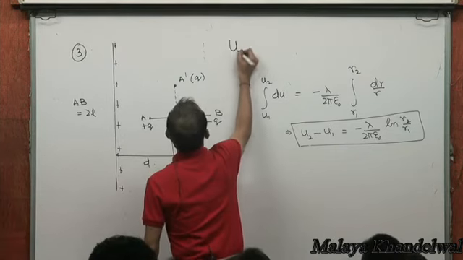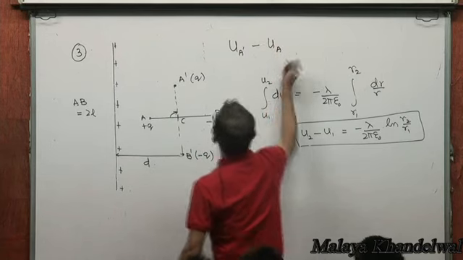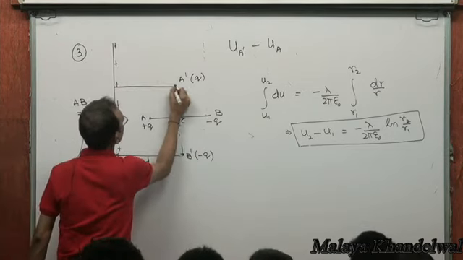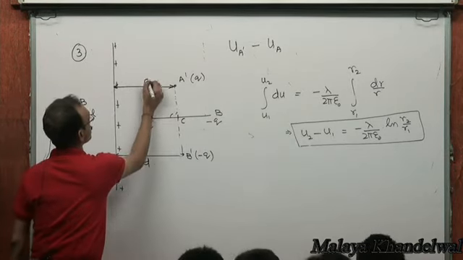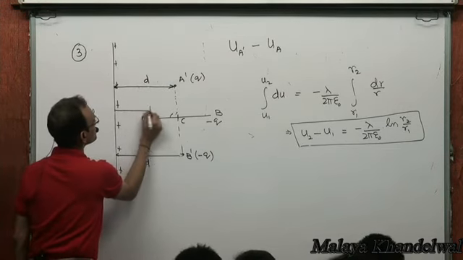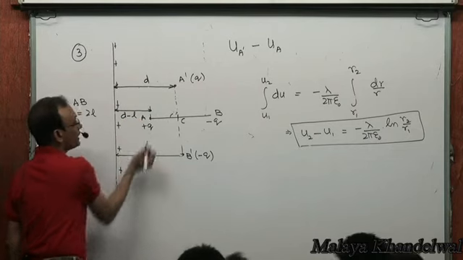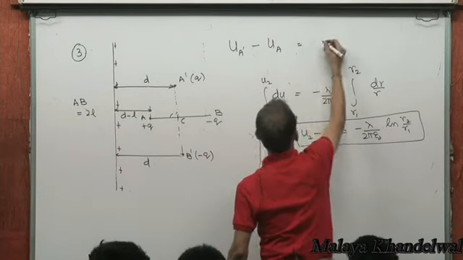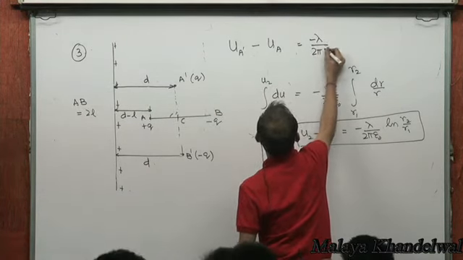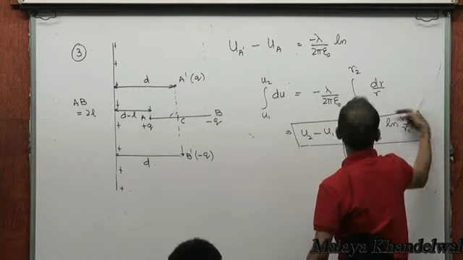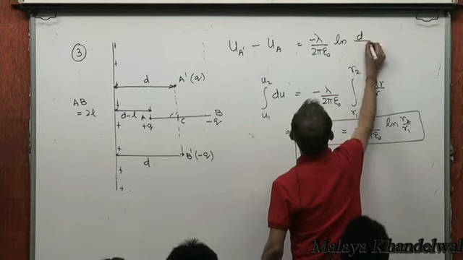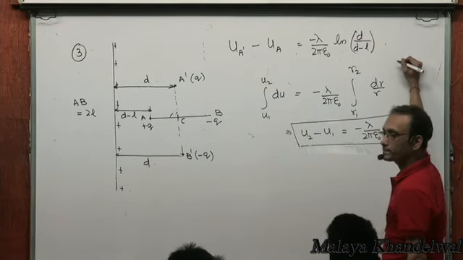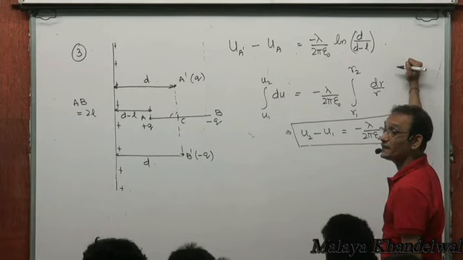Now, do you realize UA prime minus UA is the difference in potentials between A prime and A. In this case, this distance is D, and this distance is D minus L. So R2 is D and R1 is D minus L. The difference in potentials is going to be minus lambda by 2 pi epsilon naught log of final R by initial R. Final R is D, initial R is D minus L. That's the difference in potentials between A and A prime.